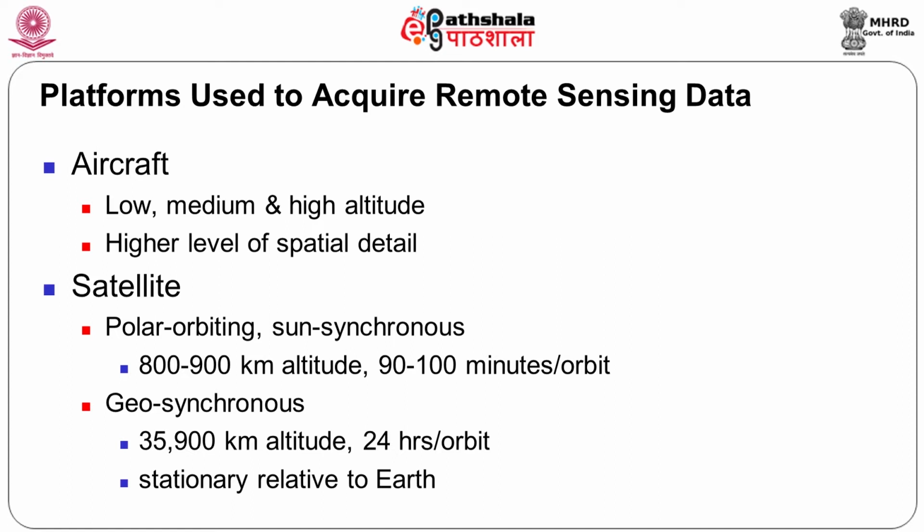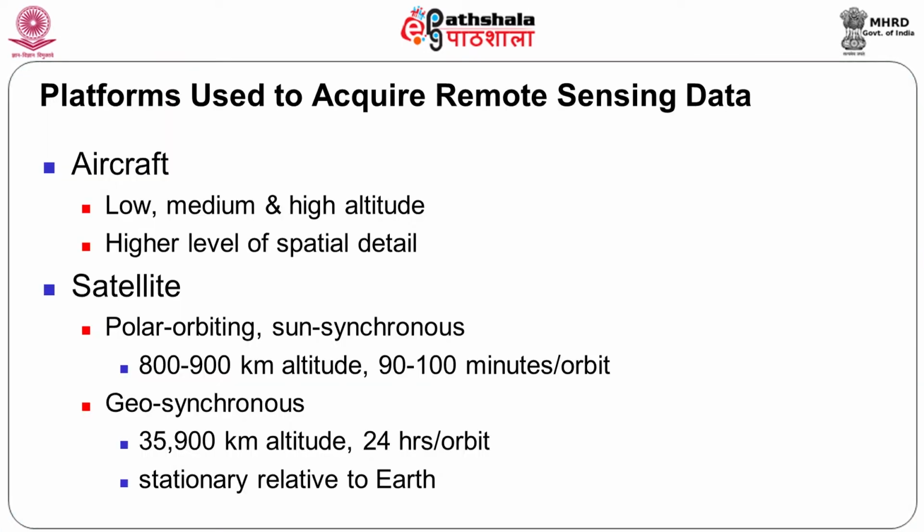Let us see the other aspects. As I was just telling you, the platforms normally used to acquire remote sensing data, that is, those used for acquiring information from space or from air. First and foremost, from a long time ago, it is the aircraft. Aircraft could be low, medium and high altitude: 1 kilometer, 2 kilometers, 5 kilometers, 10 kilometers, depending upon the application and the study.